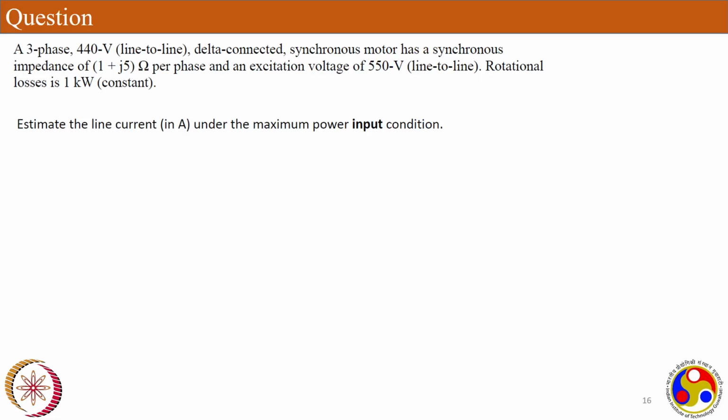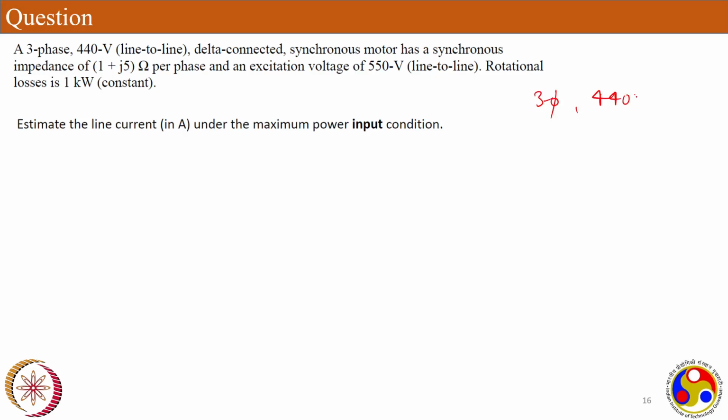We have a three-phase 440 volt line to line delta connected synchronous motor. This motor has a synchronous impedance of 1 plus j5 ohm per phase. So this is what ZS is. I'm writing down the data here.